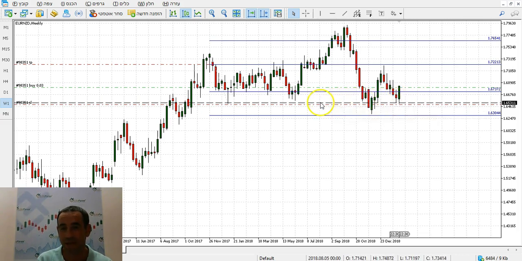Take a look at this black dotted line. Now, if you ask yourself where this black dotted line is coming from, that's a good question. That is the 76.4 last level of correction, by definition Fibonacci correction, right? 76.4 of the first segment.